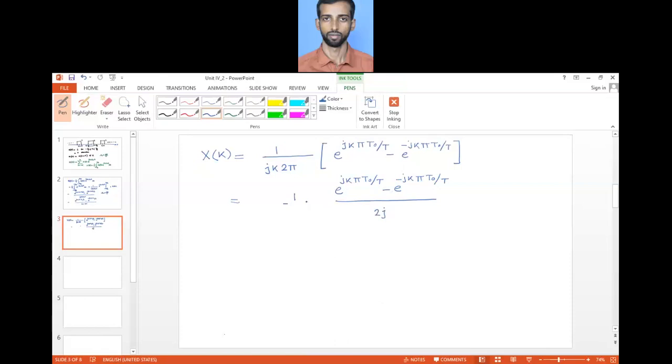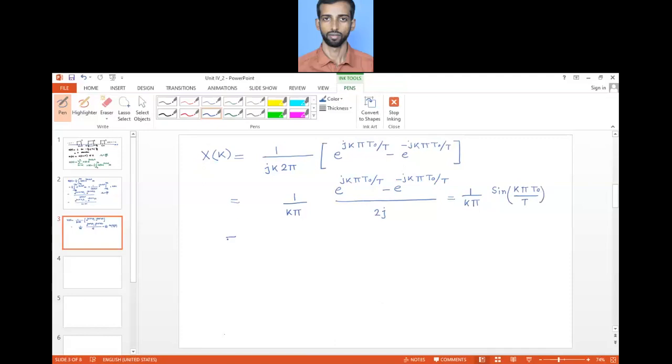What is left? k pi is left there. So that is equal to 1 by k pi sine of k pi T0 by T.